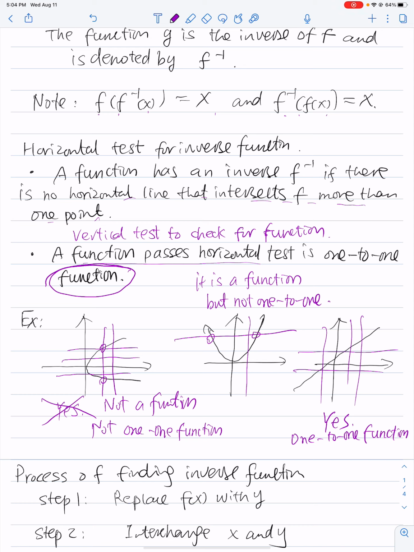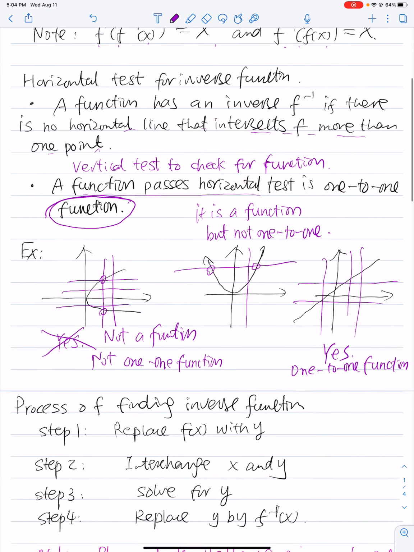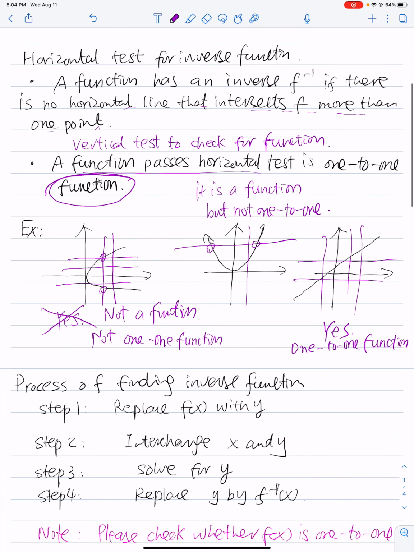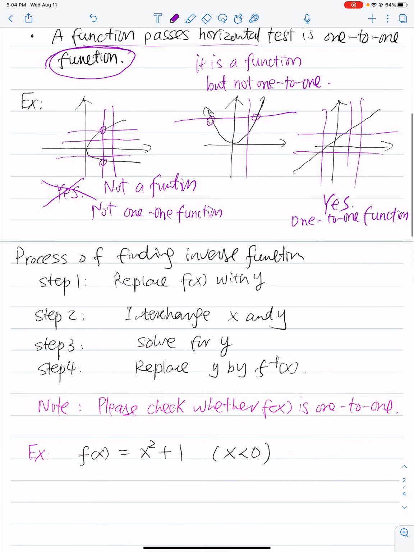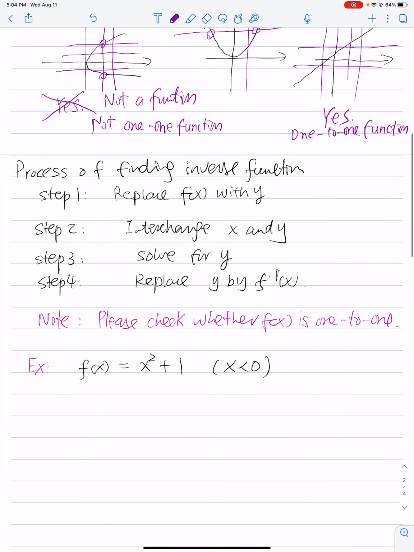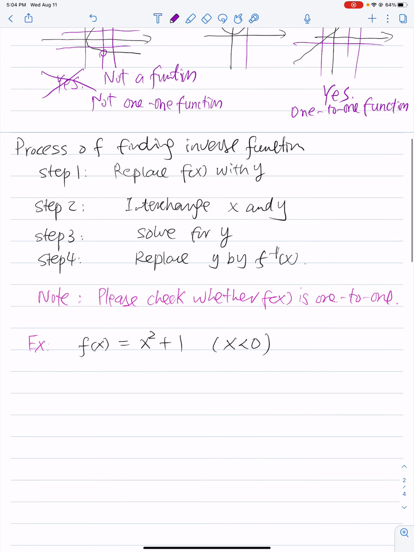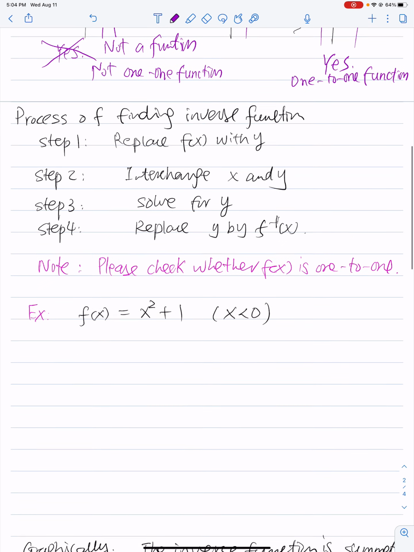So for a one-to-one function, what do you need? You need to pass both the vertical line test and the horizontal line test. Okay, so the process of finding the inverse functions. There are a couple of steps, but please remember you will always need to check it's one-to-one first.